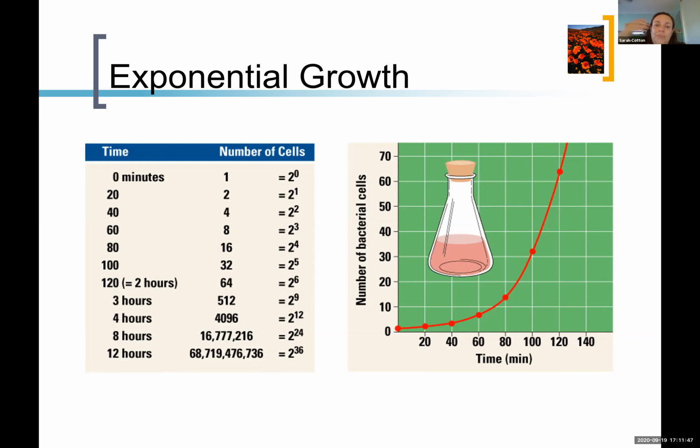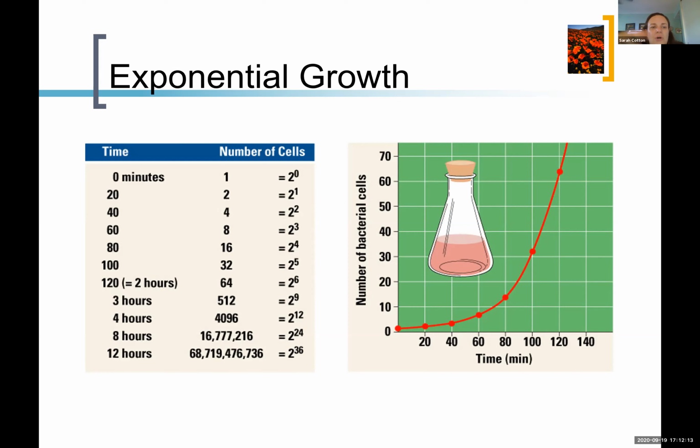As an example of exponential growth, what they're showing you here is bacteria. The reason that they've chosen bacteria is that some bacteria, not all, but some, have a reproduction rate of 20 minutes. So what that means is that every 20 minutes, a bacterial cell reproduces and makes a new bacterial cell, okay?